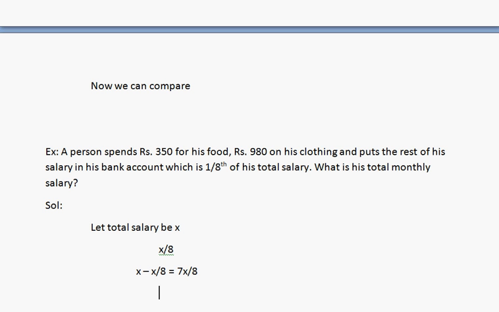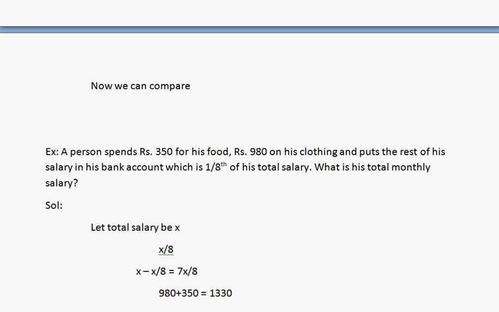So what does he spend on food and clothing? He spent 980 plus 350, right? Which is equal to what? So it's 1330, right? Is it? Yeah, this is the sum.